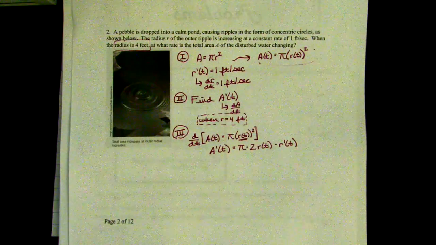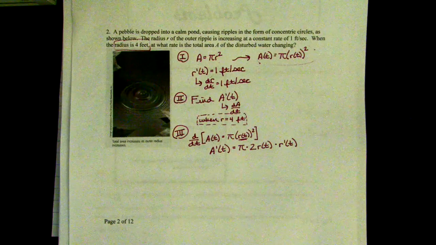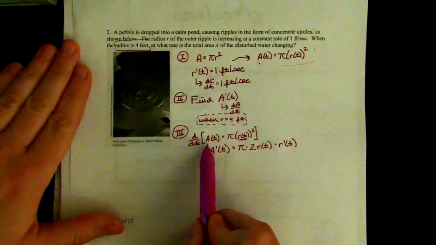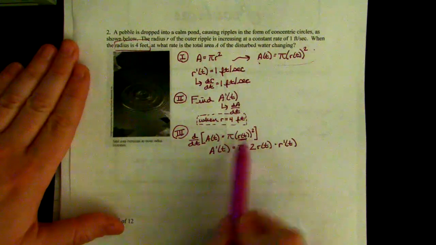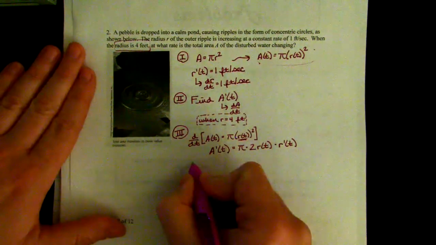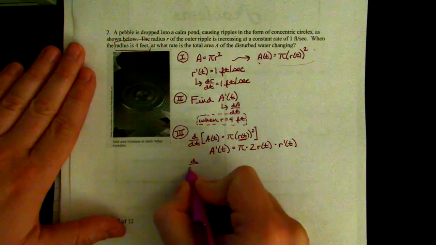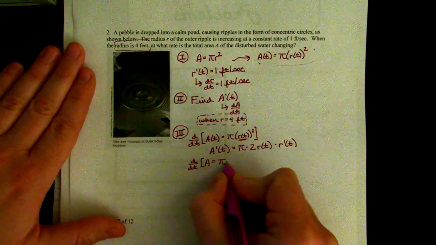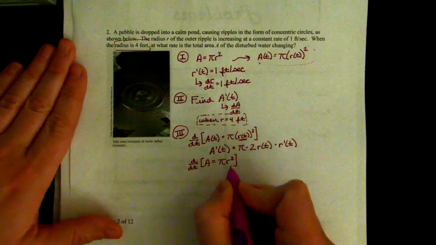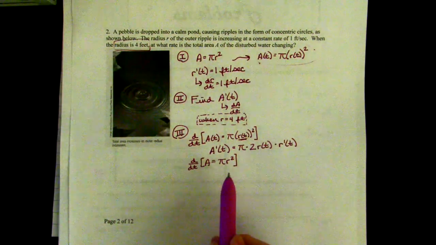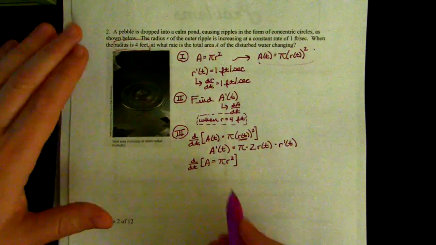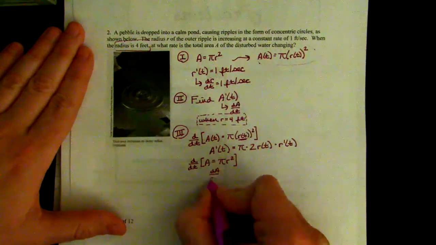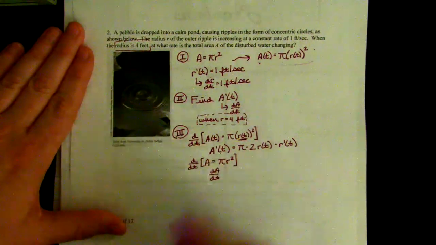Now, the problem with this is our notation just gets very cumbersome. Instead of always showing area is a function of time and radius is a function of time, I'm going to simplify this and just look at the formula A equals pi r squared. I'm not writing that A and r are both functions of time, but it's implied, which means the derivative of A is going to be dA/dt, same thing as A prime of t.